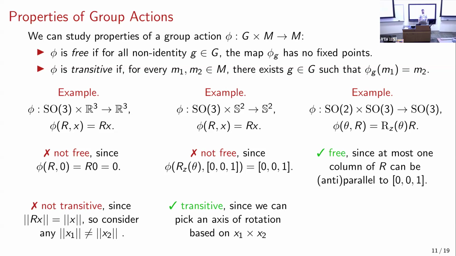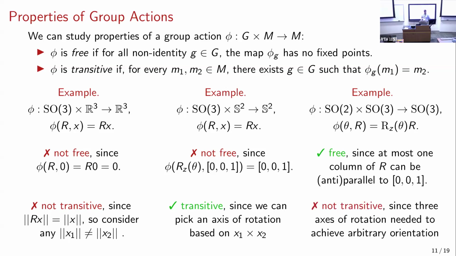Is it a transitive action? What do we think? You say yes? Can you tell me your reasoning? Yeah, I think there's maybe even 2 axes. The idea here is like we think about representing rotations with Euler angles, right?